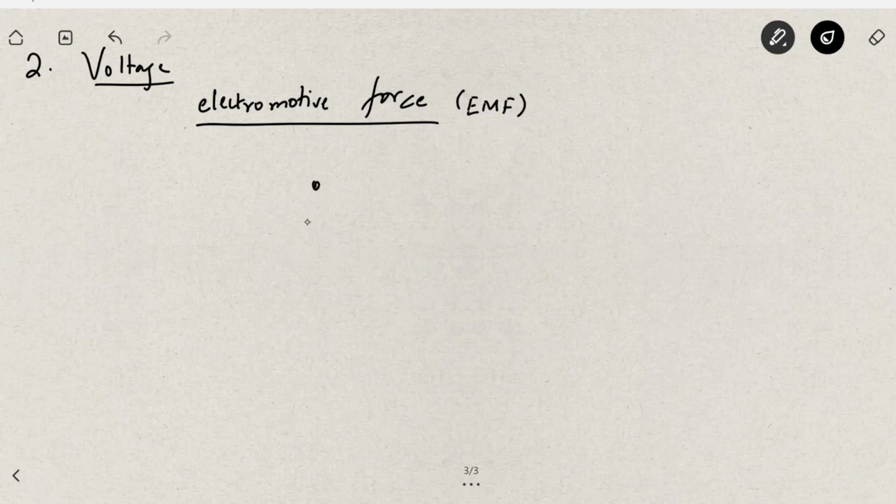Say for example, this charge was located at point A. Now you are moving it to another point B. So the amount of work that is actually done to move this charge from point A to point B is known as voltage. So voltage is, simply speaking, dW by dQ, where dW is work done.